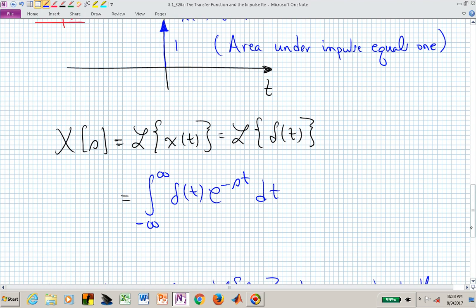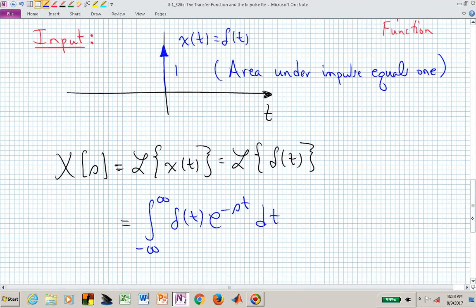But now that we have that impulse underneath the integral, what actually happens? That's only going to turn on the argument of the integral at time t equals 0. It's doing a sifting, and we essentially evaluate the integrand at the instant of time when that impulse occurs, which in this case is right at t equals 0.